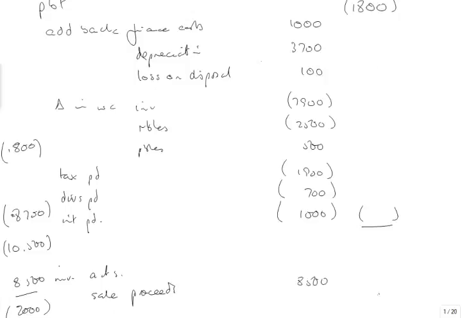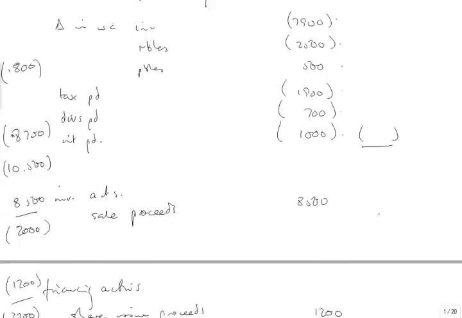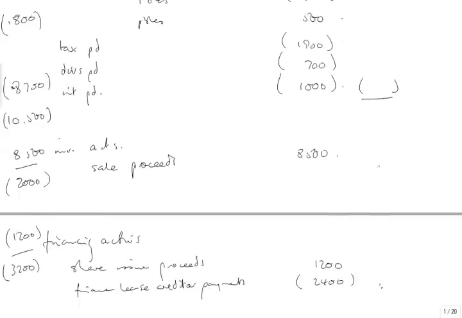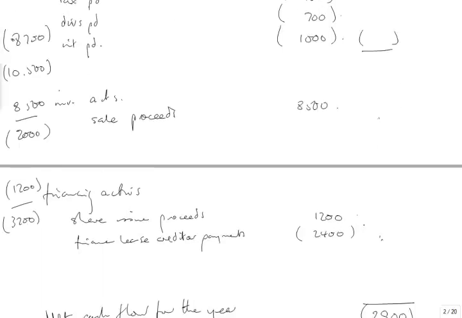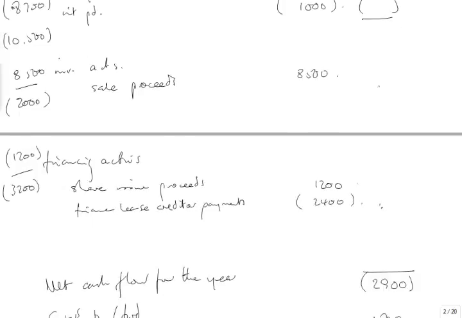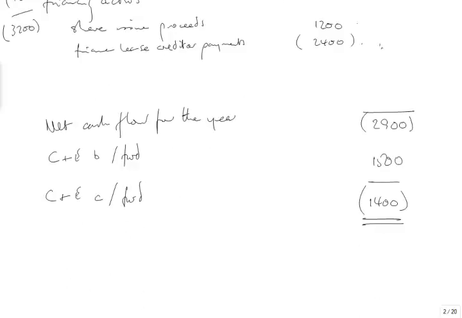So let me see what we've got. I'm happy with these, and these three I'm happy with. Yes, yes, and yes, I'm happy with all of these figures. Sale proceeds I'm happy with. So it's down in financing, and share issue I'm happy with. I've got to be wrong with the finance lease creditor payment. So let me have another look at finance lease creditors.